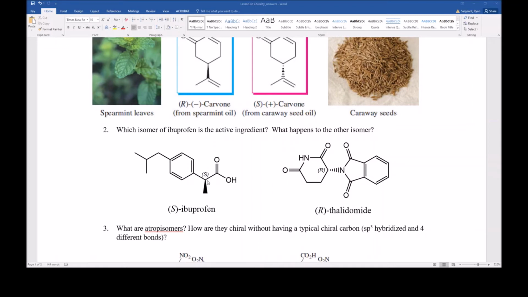And so it can be converted from S to R or from R to S. And so what this means is when you take that pill of ibuprofen, the S-ibuprofen immediately causes the pain deadening sensation, and the R-ibuprofen just kind of hangs out in your circulatory system and is slowly converted into S-ibuprofen as a function of time, or it gets excreted out of the kidneys. And so that creates both an immediate pain-killing effect and a long-lasting pain-killing effect.